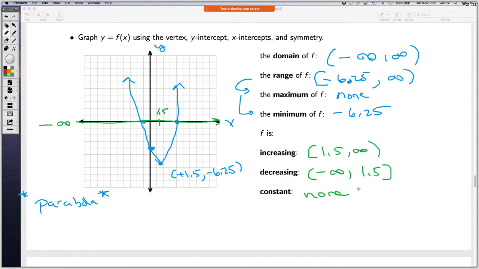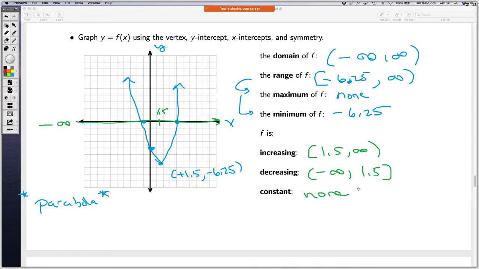Any questions on the graph or finding the bits from the graph? It's a lot of rinse and repeat, but it's important at this stage to rinse and repeat these things to make sure we understand these concepts, because they're with us anytime we look at any kind of function analysis. We're going to be asking for domains, range, maxes, mins, increasing, decreasing.